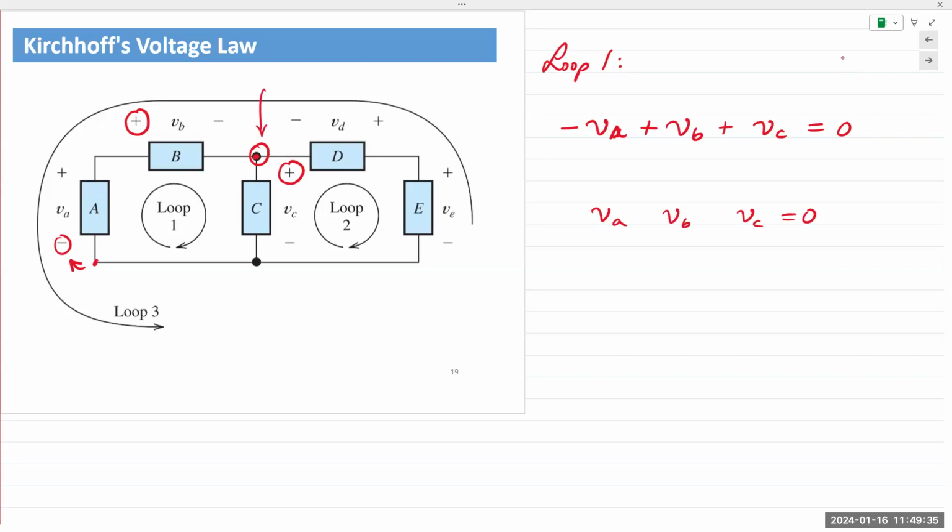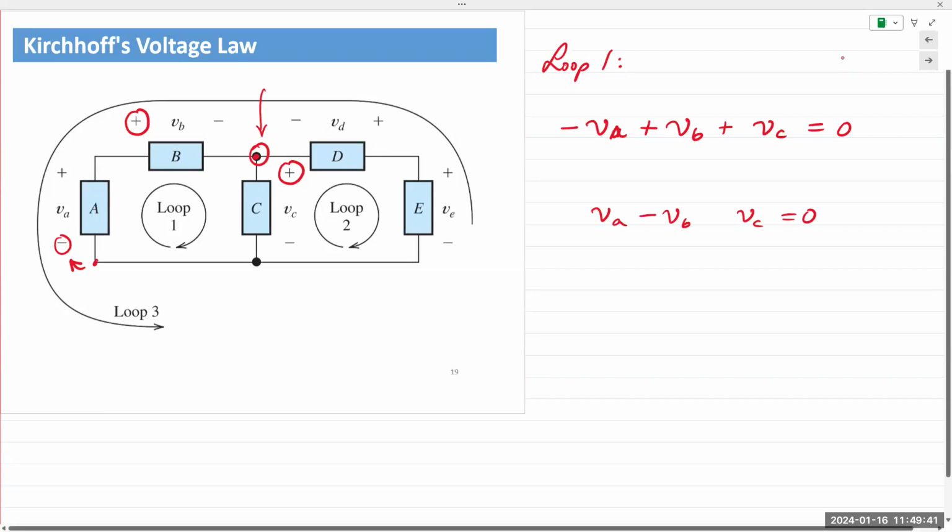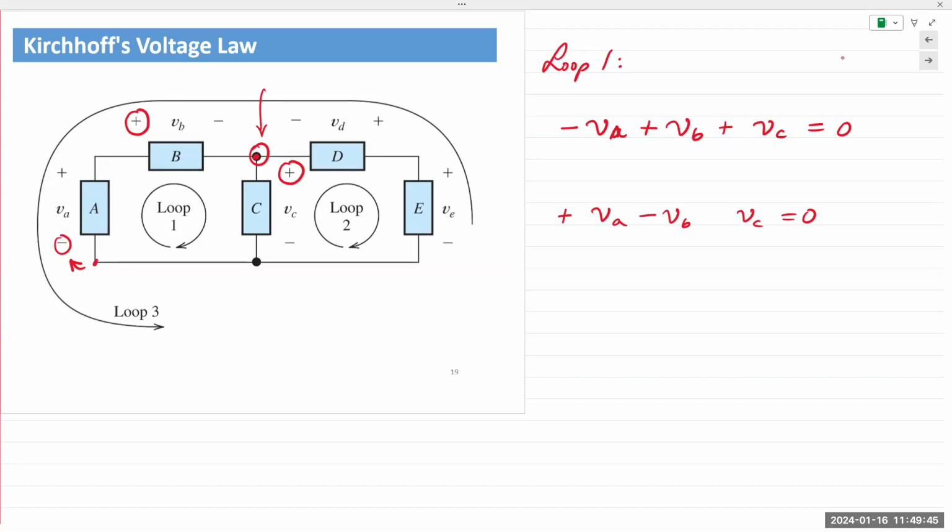If I go counterclockwise, I get VB first. VB is minus. Then I get VA. VA is plus. Then I get VC, also minus. The exact same equation, no difference. So the first equation is starting from the bottom left corner.